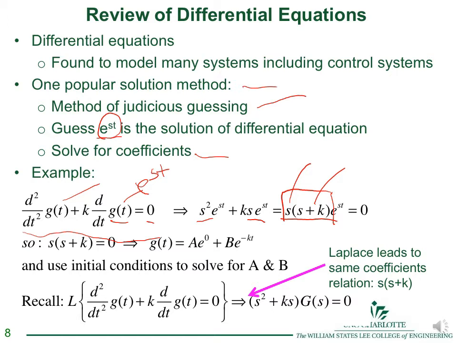Both those functions individually would satisfy the equation. A solution that's the sum of those two, the first with s equals 0 and the second with s equals minus k, each times some arbitrary constant, will satisfy the differential equation.